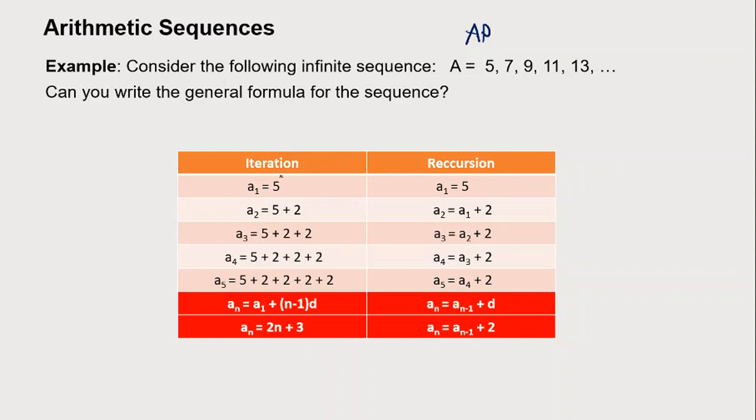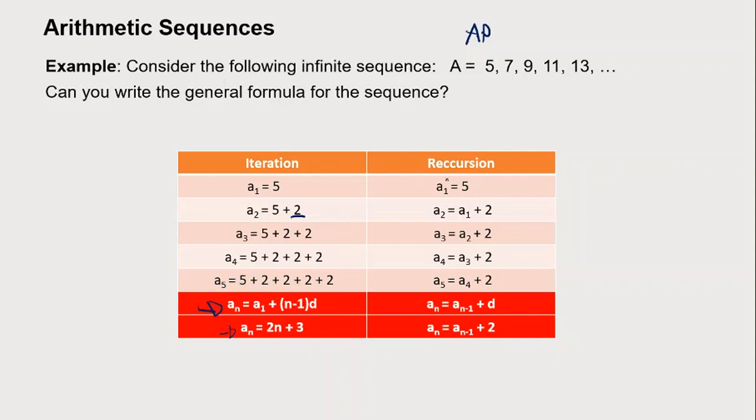If you look at the iteration, you will find that we apply the familiar formula to find the nth term, and if we want to tailor it specifically to this sequence, we would just plug in 5 into this place, and 2 was the difference, so 2 into that place, rearrange, and you would find the actual specific formula is 2n plus 3. But every time we move through the sequence, we add one more common difference, which we can see here that, for example, to get a5, we add 4 common differences to the initial value, etc.